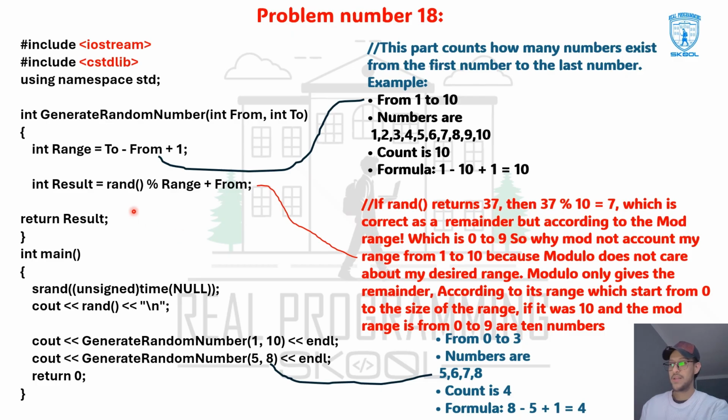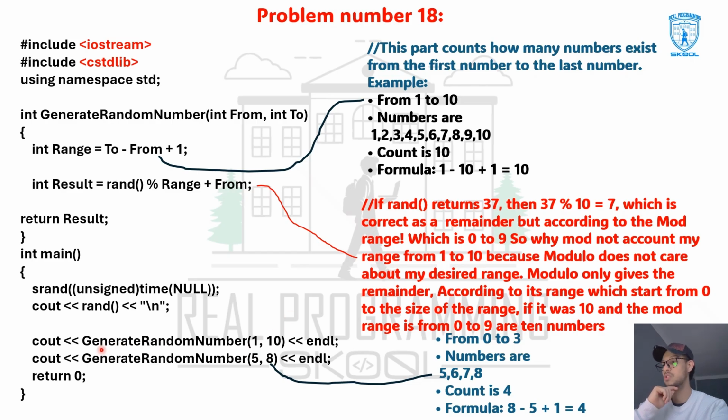Because we use the rand built-in function here, it returns a random number according to the rand range, which is between 0 and 32,000. The compiler returns 37. 37 mod 10 gives me 7, which is correct as a remainder, but according to mod range, which runs from 0 to 9. So why doesn't mod count my range from 1 to 10?